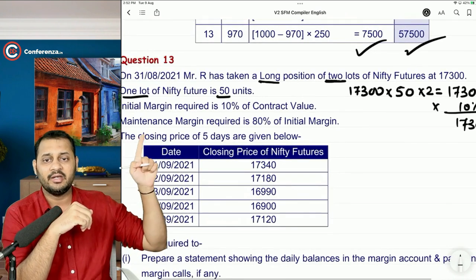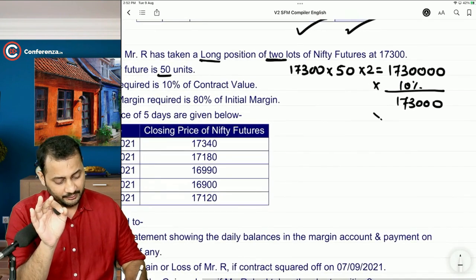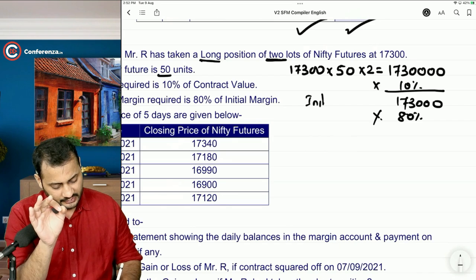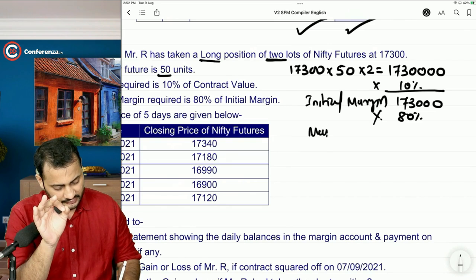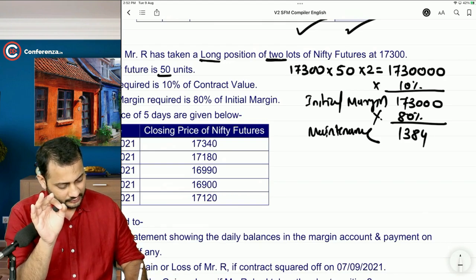After that also, the maintenance margin, which is required to be maintained at all points of time, is 80%. This is the initial margin, and this is the maintenance margin. 80% of it comes to 1,38,400.